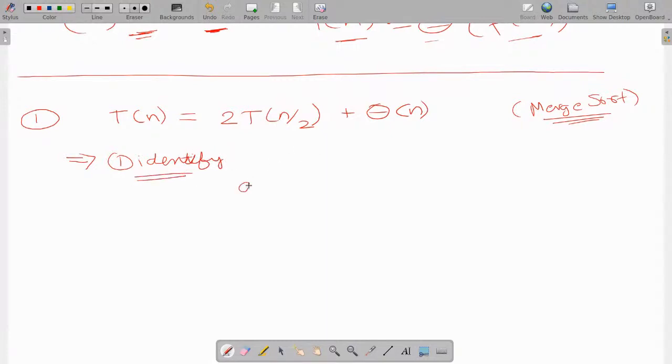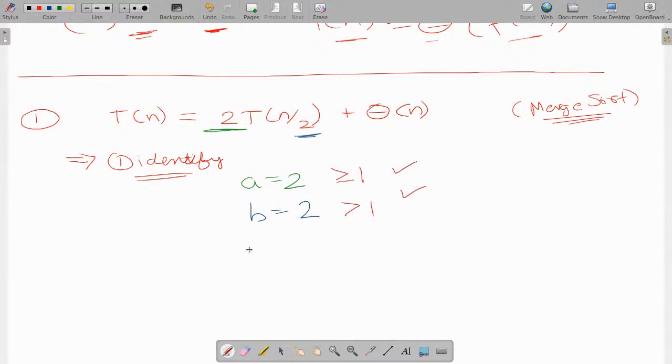For which we look at two things, A and B. The A here is 2 and B also is 2, and both satisfy the condition: A must be greater than or equal to 1, B must be greater than 1, and both are satisfied.